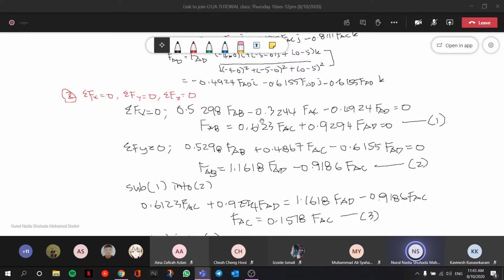Now we solve for the sum of forces in z direction.